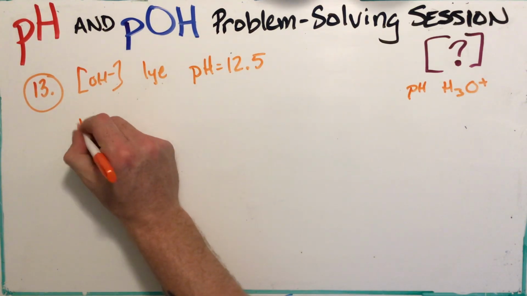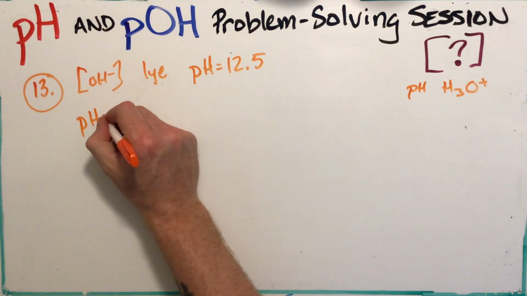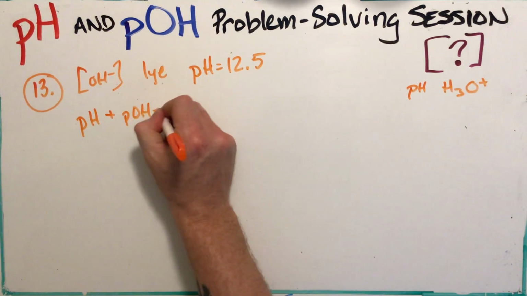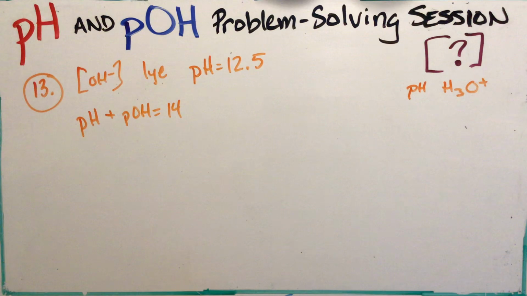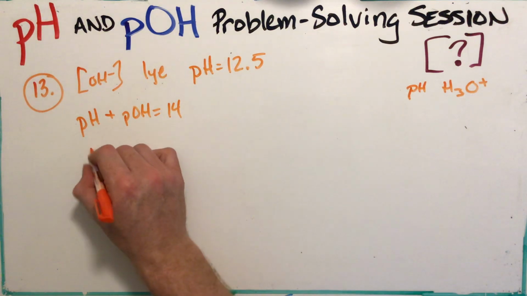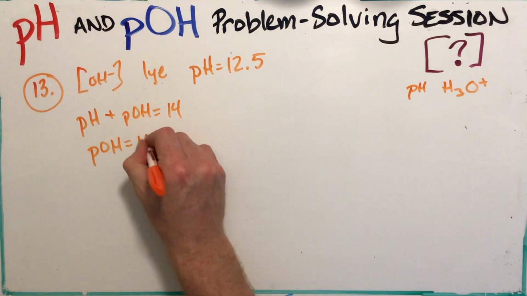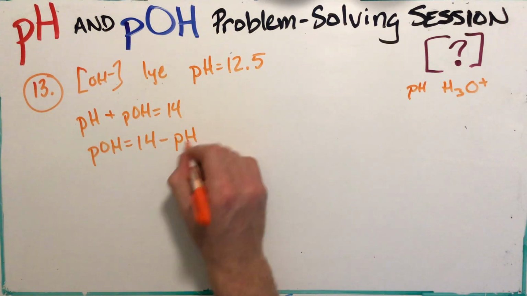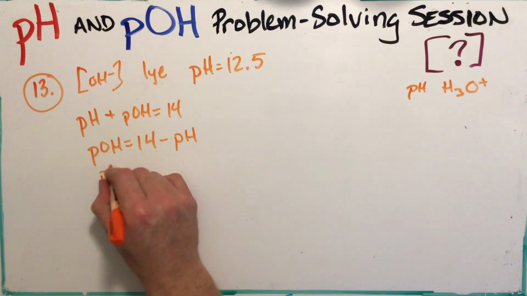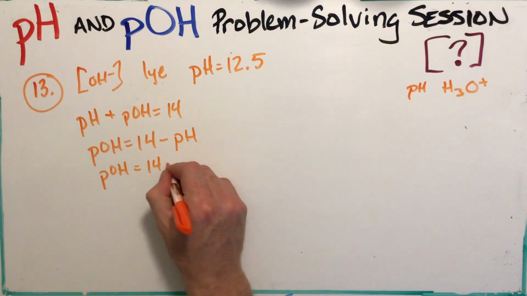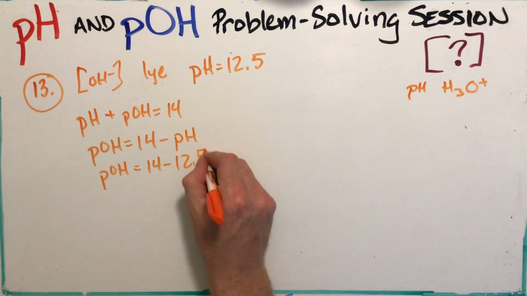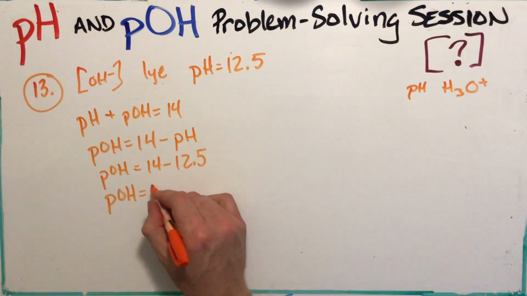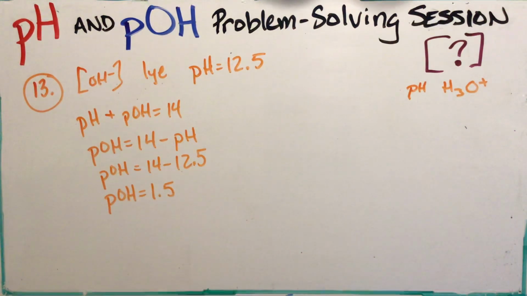That's easy enough because I know pH plus pOH is equal to 14. That means that pOH is equal to 14 minus pH. So pOH is equal to 14 minus 12.5 and my pOH will be 1.5.